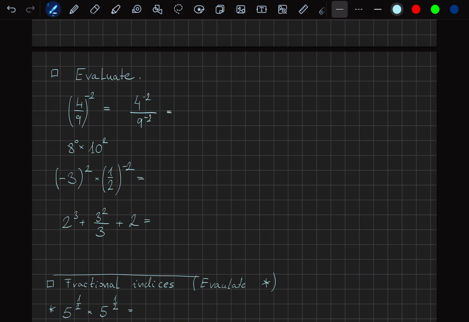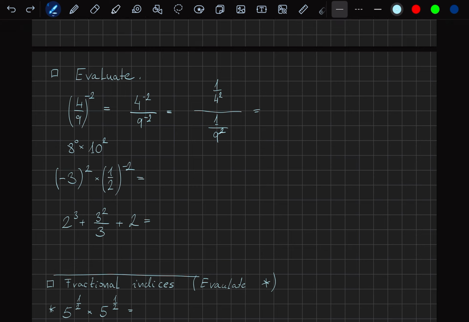But this is -2, so it means it's 1 over 4 to the power 2 divided by 1 over 9 to the power 2. So basically I divide 1 over 4 squared by 1 over 9 squared. It means I divide something by a fraction.